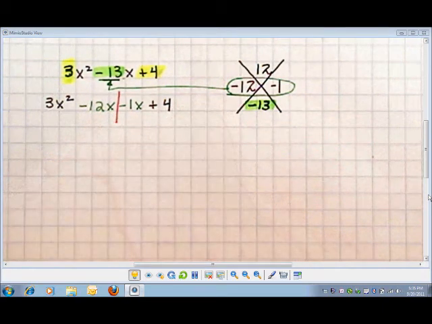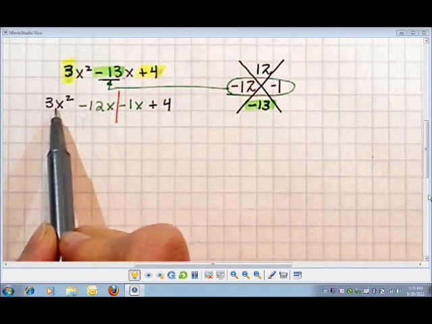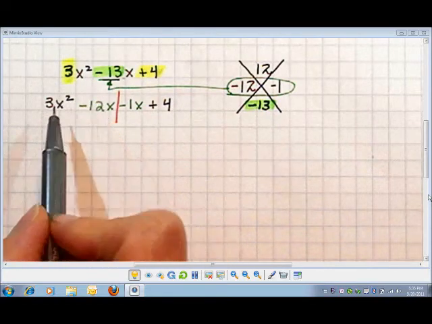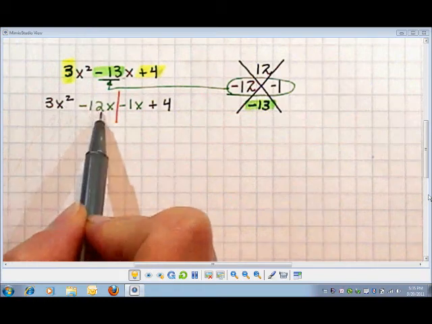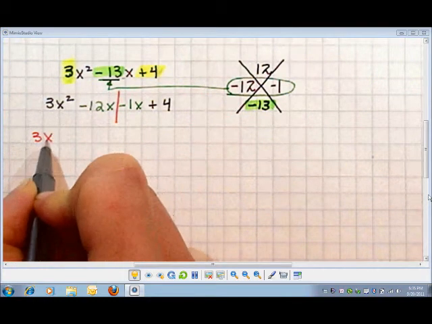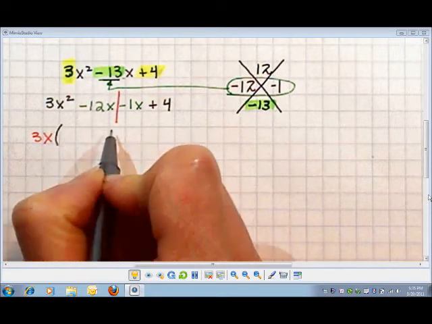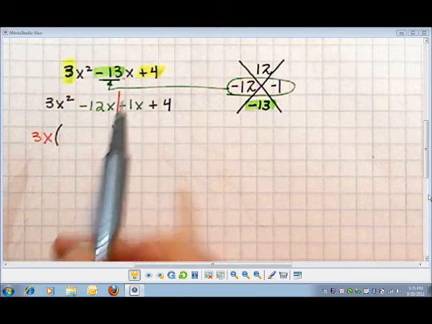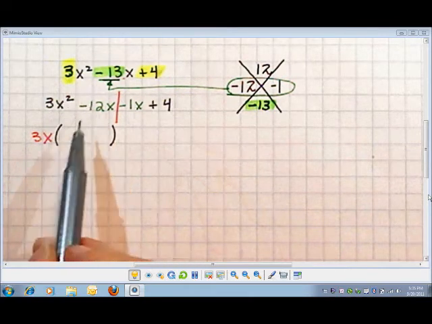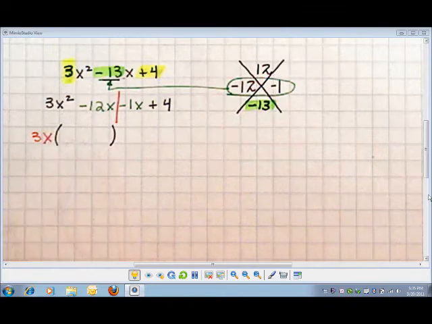Make them into 2 separate groups. I'm going to look at my first group and ask myself, what can I factor out of my first group? Well, I can factor out a 3x from both terms. Notice I have 2 terms, so when I factor out a 3x, I should have 2 terms here.